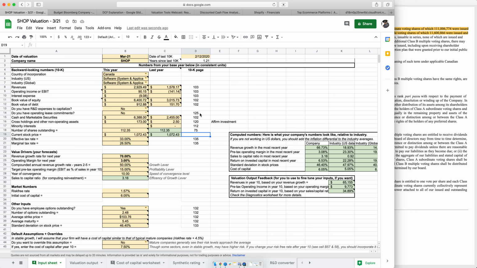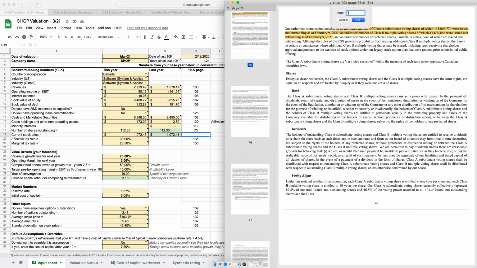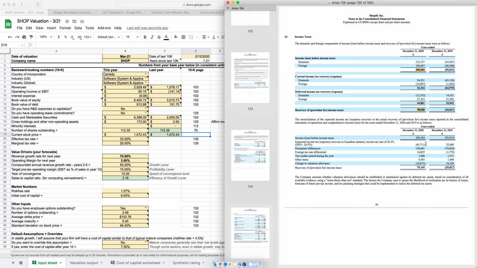So I believe, so 135. Okay, so I believe I took the marginal tax rate from this rate here, which is the tax rate there. And then for this 33% number, I actually tried to calculate that.